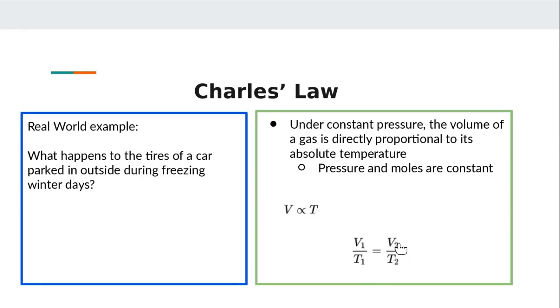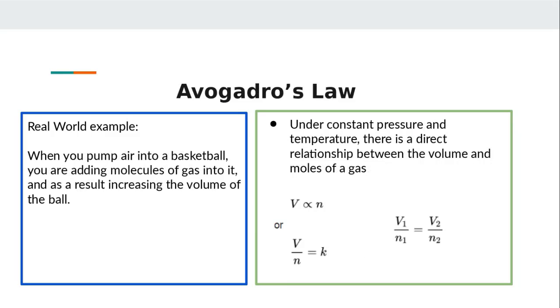So suppose you decrease the value of V2, so you decrease your final volume. What would happen to T2, your final temperature? Yeah, it would also decrease, right? It would decrease to make sure that both sides of the equation still equal each other. Simple enough. All right, let's move on.